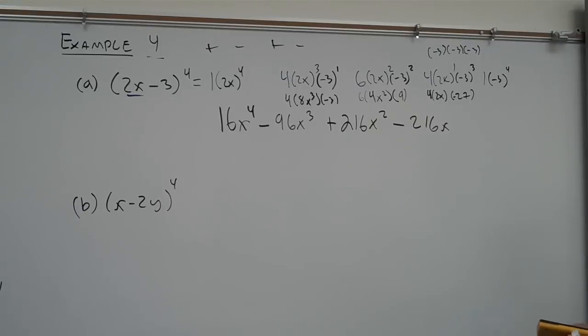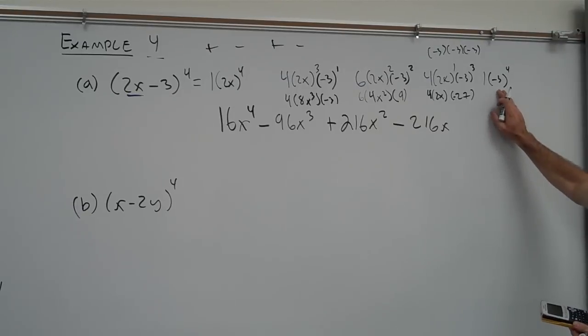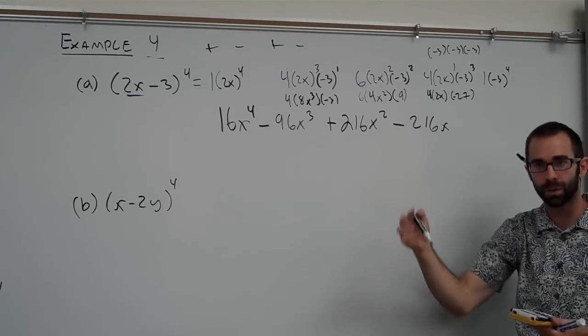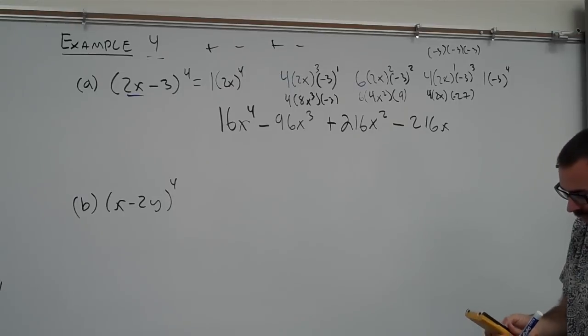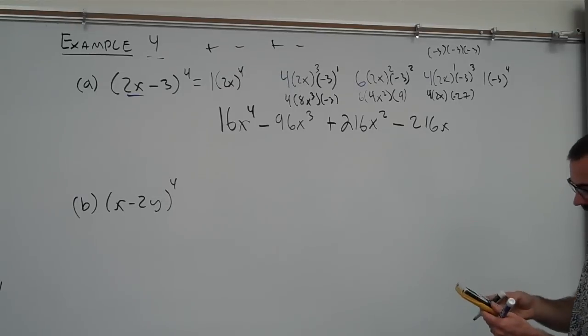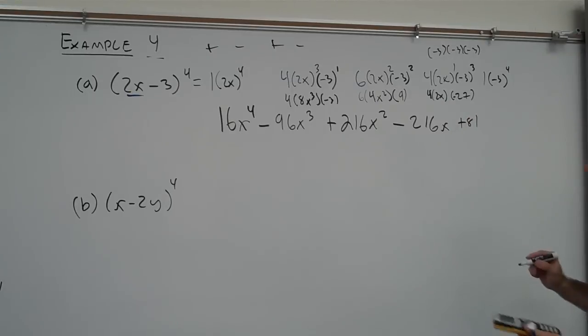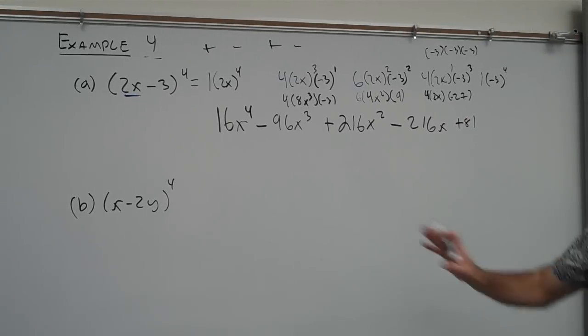And then last but not least, we want to do this one right here: negative 3 to the power of 4, which means negative 3 times negative 3 times negative 3 times negative 3. I think that's going to give us 81, right? So positive 81.